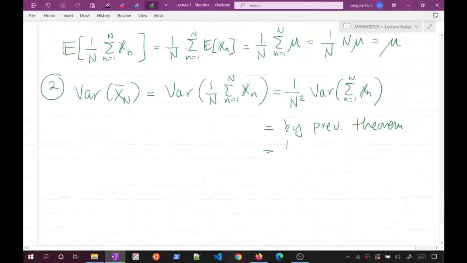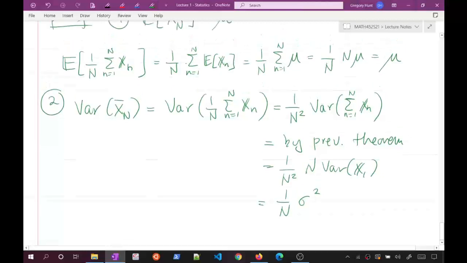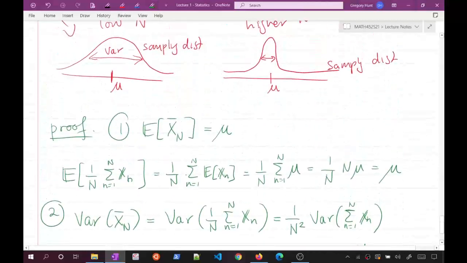And so this 1 over n squared times n times the variance of x1, where g is just the identity function, simplifies to 1 over n. The variance of x1 is just sigma squared. Voila, you get sigma squared over n. So that's our second fact.